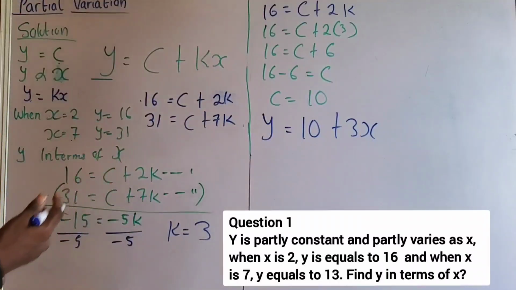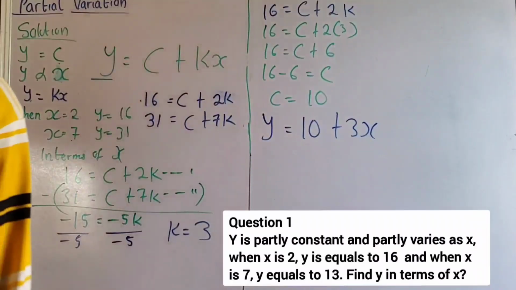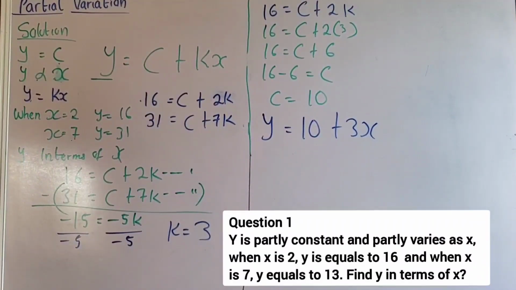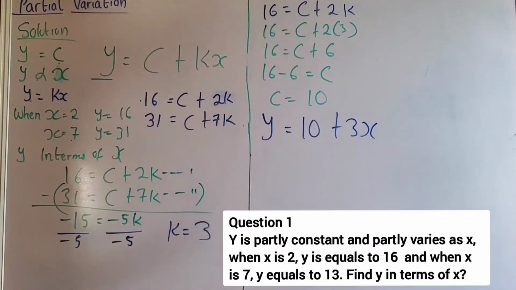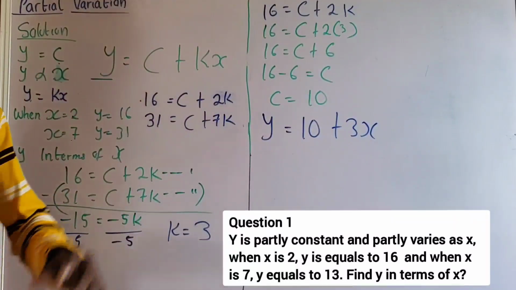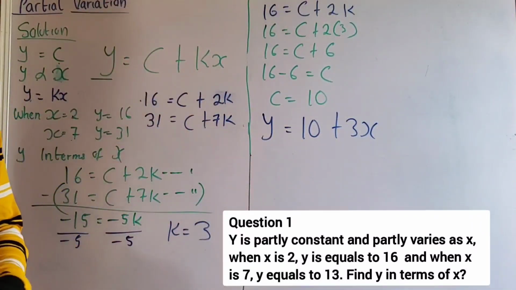So you can see that in solving questions involving partial variation, it is very crucial that you know how to solve simultaneous linear equations. Maybe you are not vast with it, or you didn't understand how to solve simultaneous equations. You can check the channel. When you are dealing with partial variation, you are going to have a single variable, part of which is constant, and another part of it varies with respect to another variable.